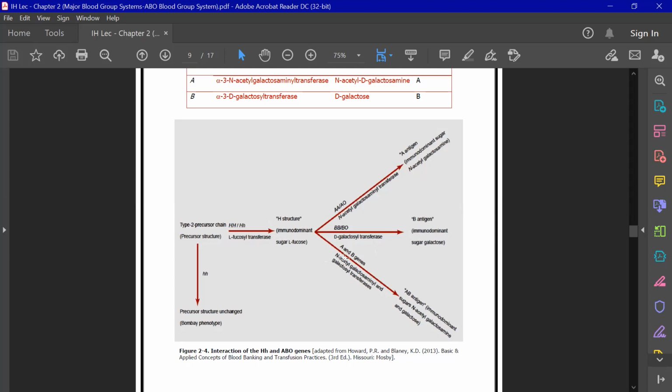So both of these enzymes will now add the N-acetyl-galactosamine and D-galactose sugars into the H structure to express now your both A and B antigens on the red cells. Okay, so that is how your ABH antigens are being formed on the red cells.